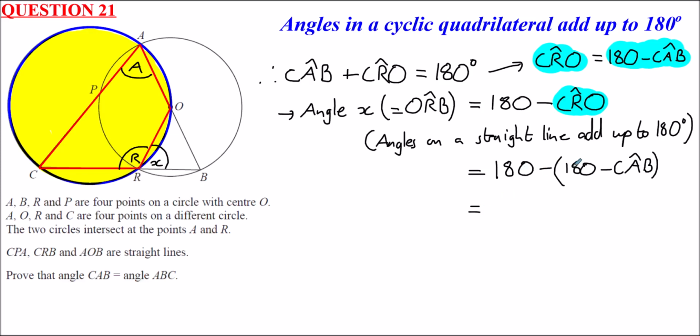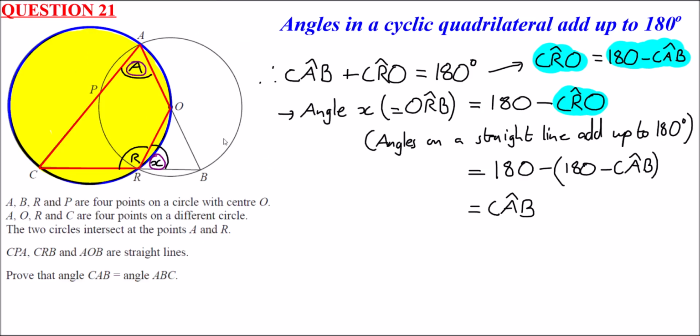So 180 minus 180 cancels. Then we've got minus minus CAB, so that equals CAB, like so. So what we've proven here is that this angle A is the same as angle X.